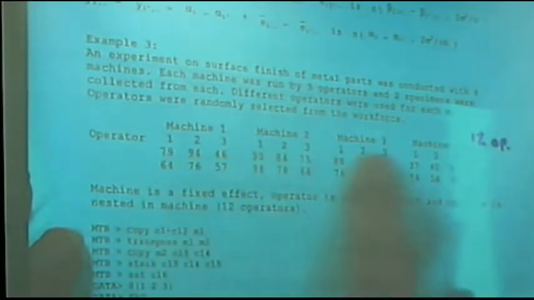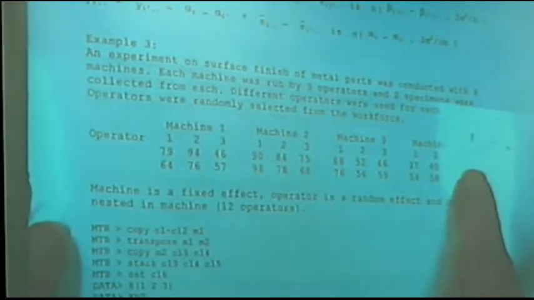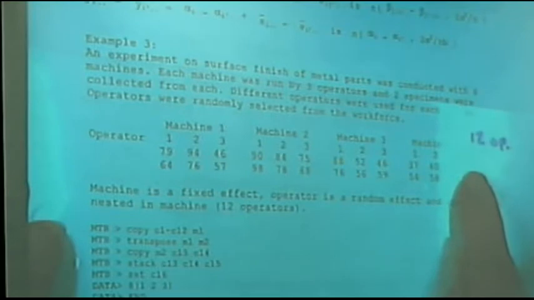This could have been organized a different way. We could have selected 3 operators from the workforce, and then these 3 operators could have used machine 1, then they could have used machine 2, then they could have used machine 3, 4, and 5, and so we wouldn't have a nested situation there because the same operators are being reused again in the subsequent experiments.